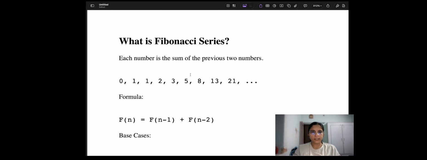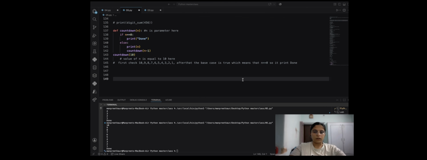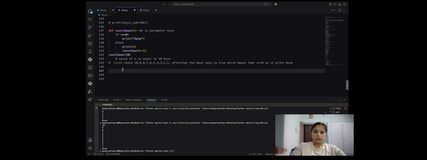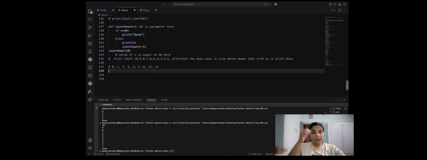Each number is the sum of the previous two numbers. This one is the Fibonacci series. We are going to do it with what we have learned so far. It is the sum of the previous two numbers.